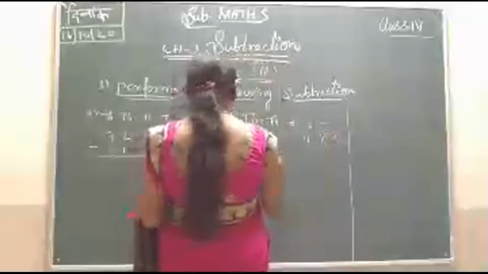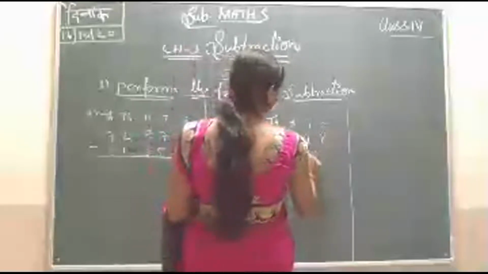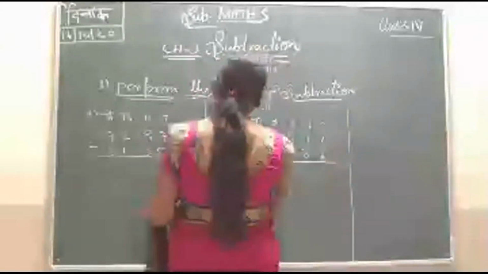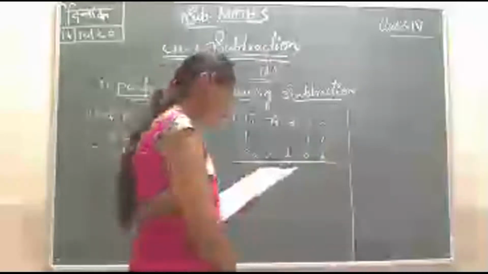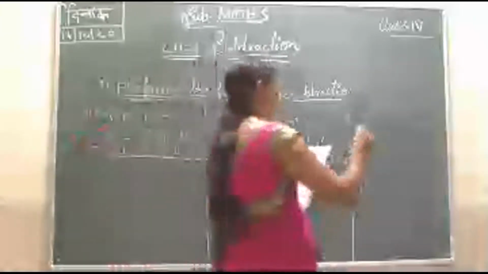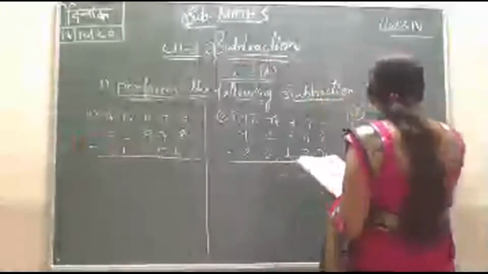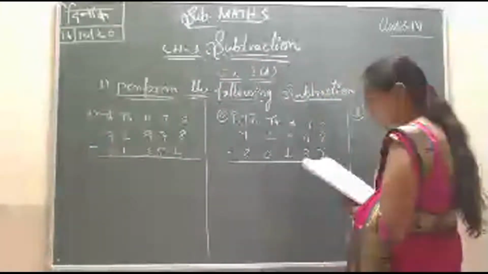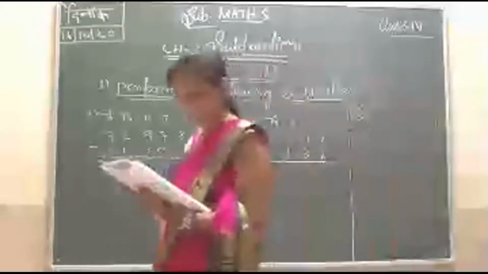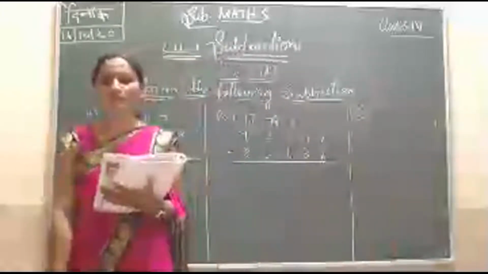91,648 minus 80,137. We have to do the subtraction. C is very easy, but I will solve D. C I give as homework. Here in D, students, one more digit is given, because it goes up to lakh.